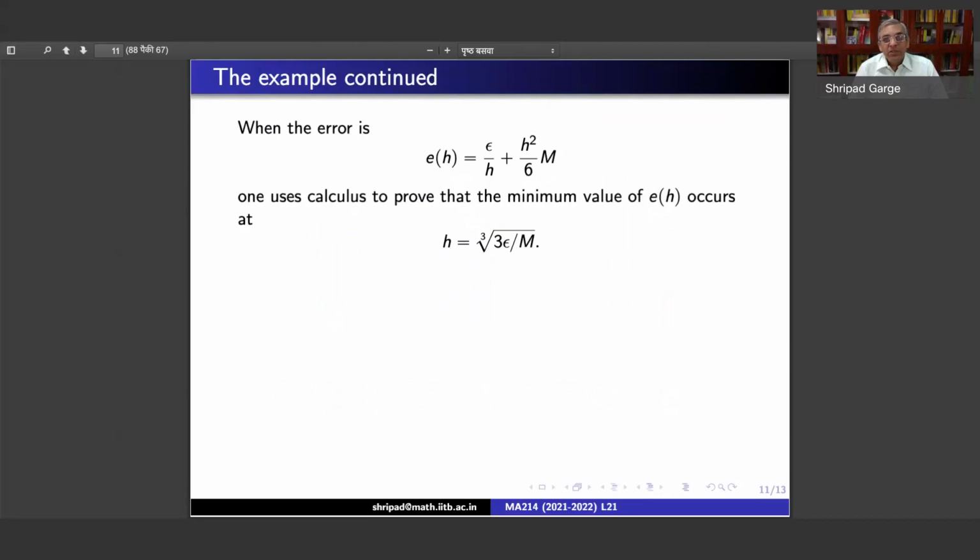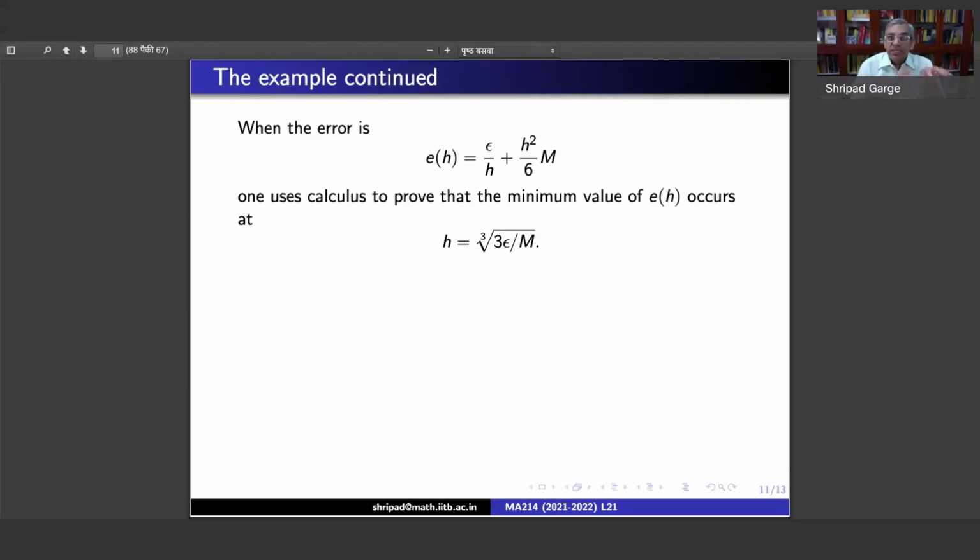You are not taking the h value to be 0, only positive values of h, and using calculus you will see that the minimum value of this error appears at this particular number, cube root of 3 epsilon by M. So epsilon, remember, is the upper bound for the rounding error, and capital M is the maximum or the upper bound for the third derivative of your function.